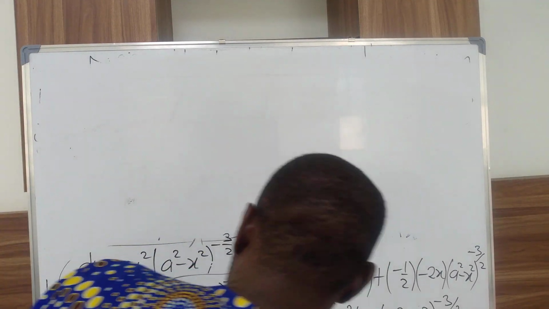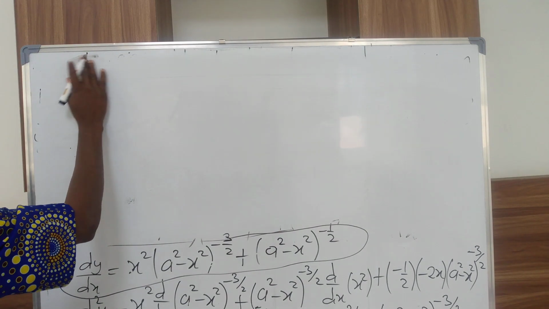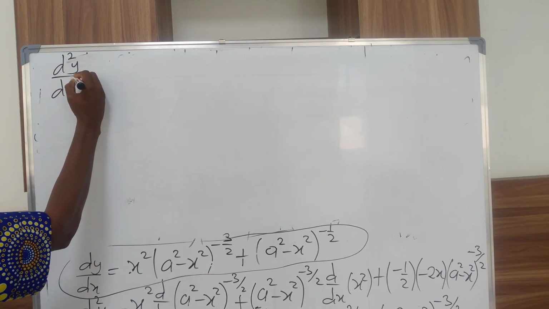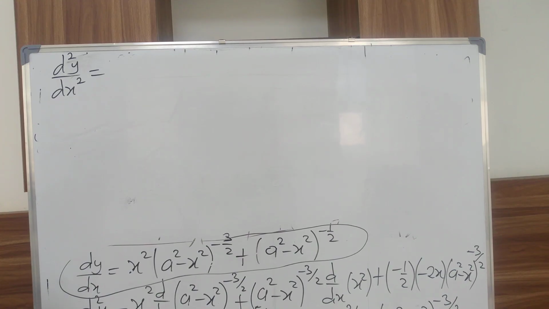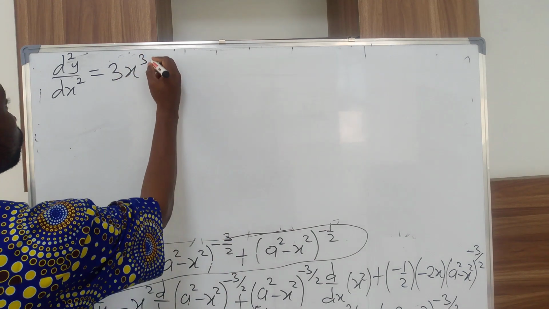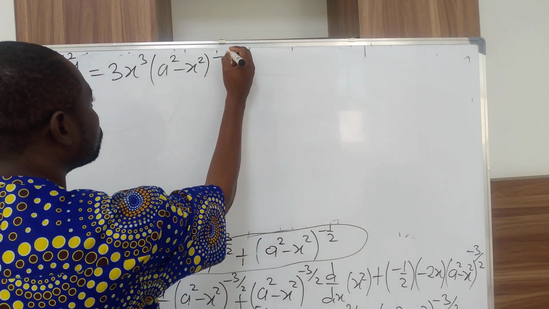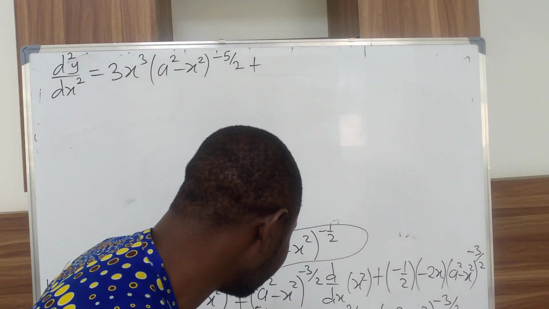Alright, so the next thing now is we are going to simplify our second order. d squared y over dx squared is equal to, okay? Look at this. Minus times minus is plus. 2 will cancel 2. So this will give me x squared times x times 3. That will give me 3x cubed into (a squared minus x squared) to the power minus 5 over 2, plus, if you notice, this and this, they are the same thing.